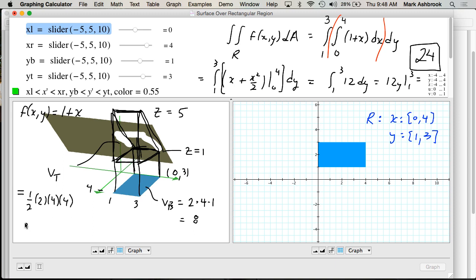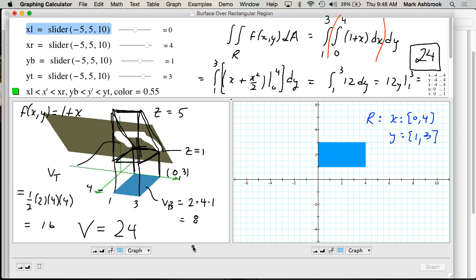And the 16? Beautiful. And the total? Got it. Questions? Does it make sense?